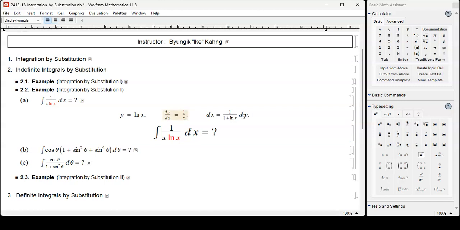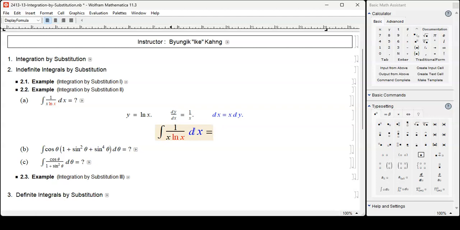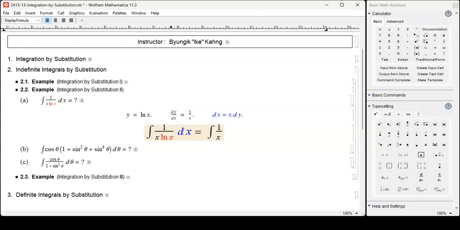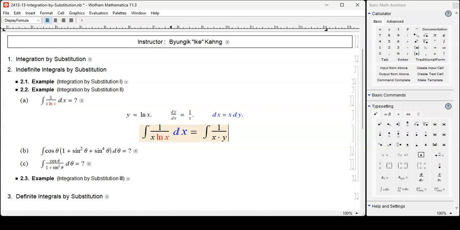So let's get this completed. Let's solve for dx. Flipping over, we get x dy. So that's blue. So this entire thing is the integral of 1 over x times 1 over y times x dy.